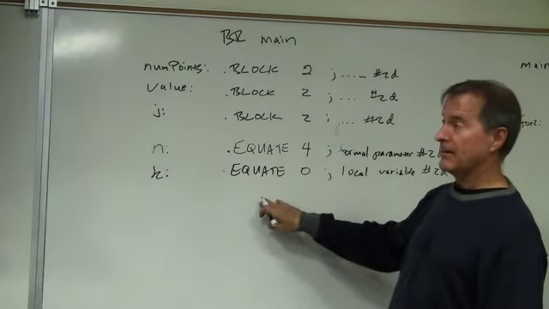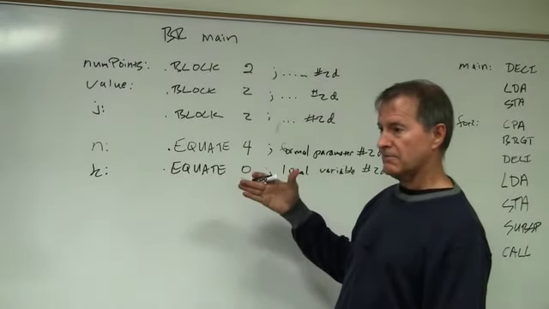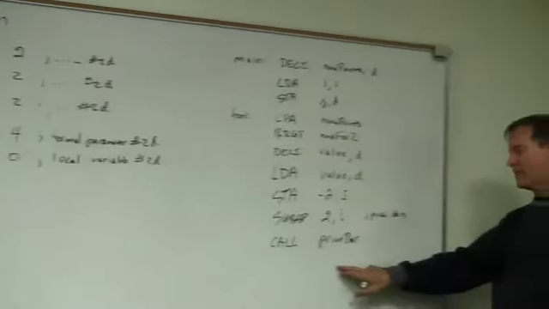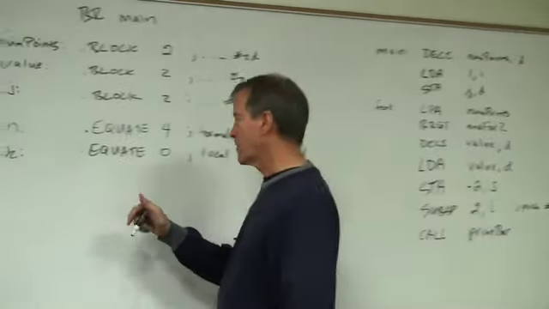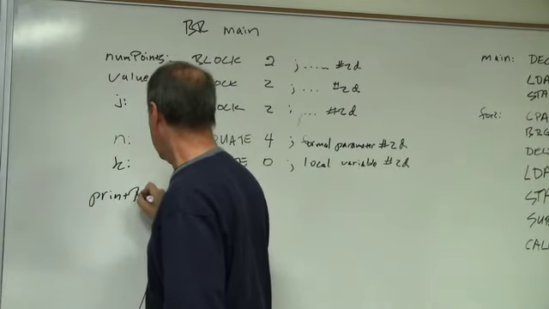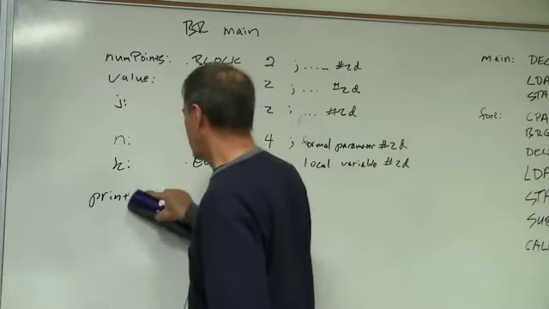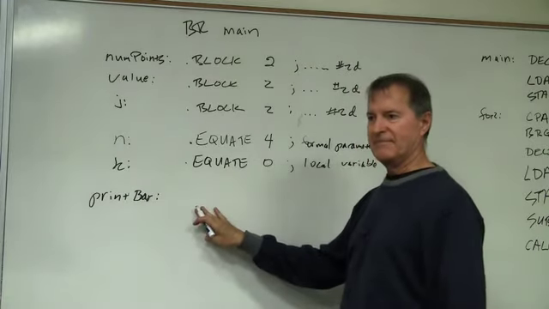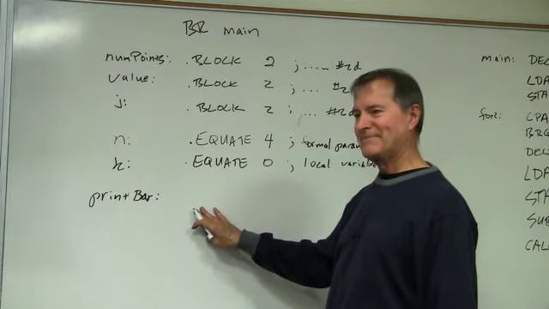And now comes the first executable statement of the function. Because over here we did call print bar, now we have to have the symbol over here of print bar. Now, what's the very first statement that has to execute in print bar? Load the accumulator? Nope. Branch? Nope. Sub SP.